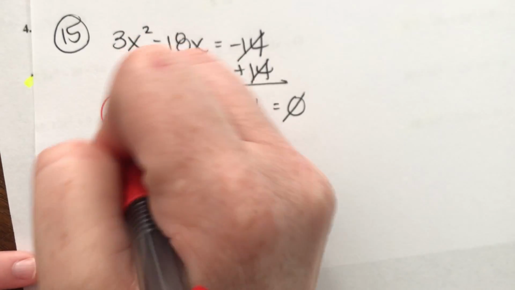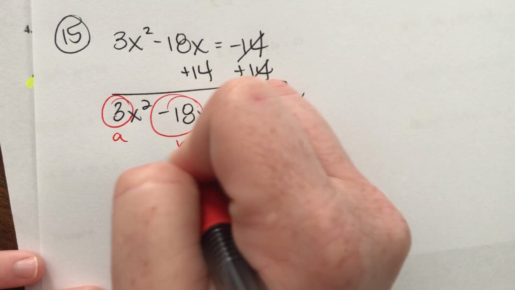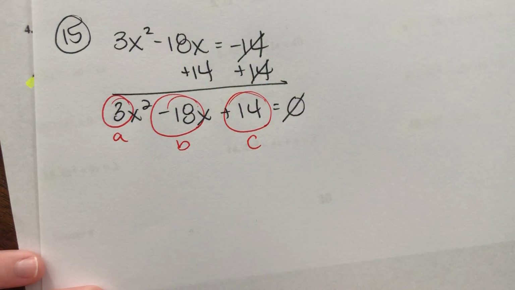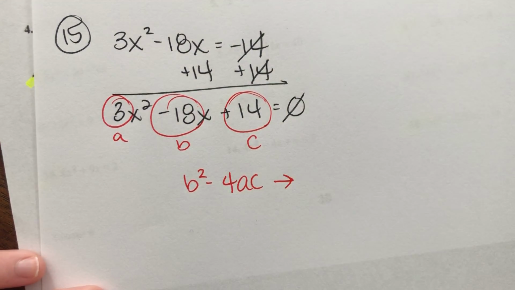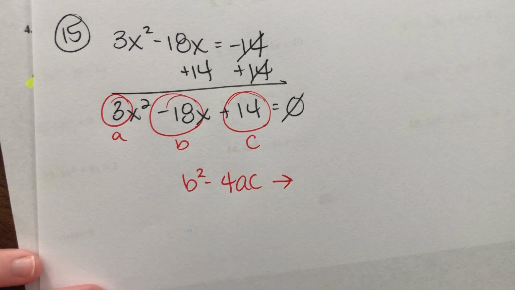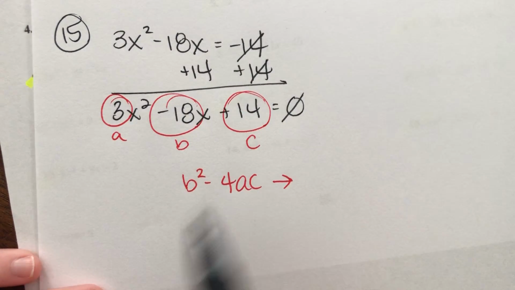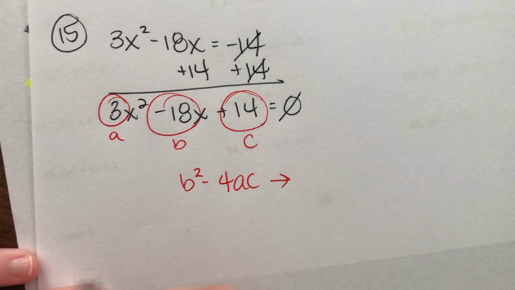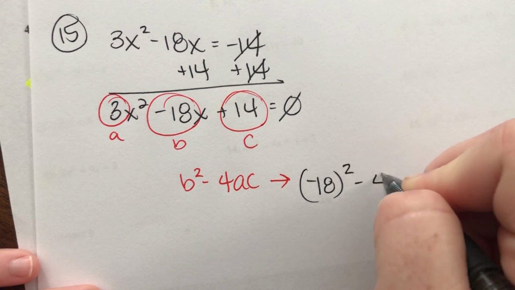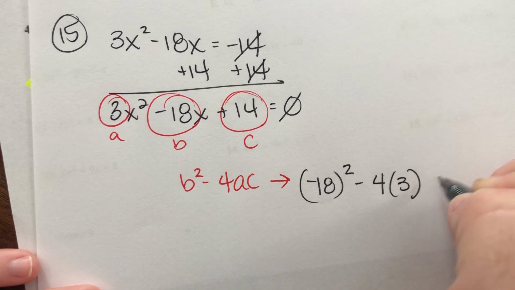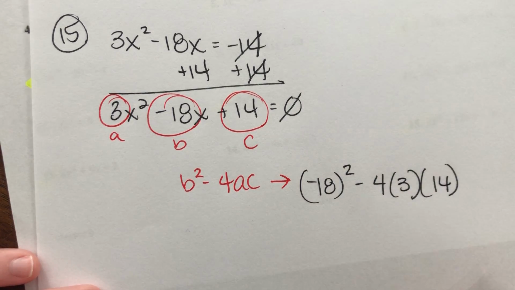And then I want to identify A, B, and C. And I'm going to use b squared minus 4ac, my discriminant, to figure out how many solutions this equation would have if I solved for x. So I'm going to have negative 18 squared minus 4 times 3 times 14.